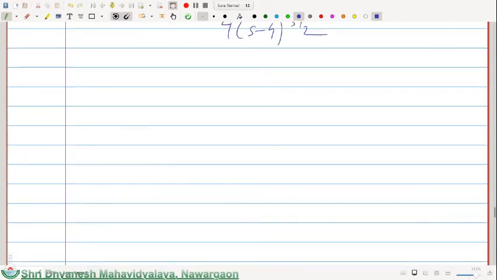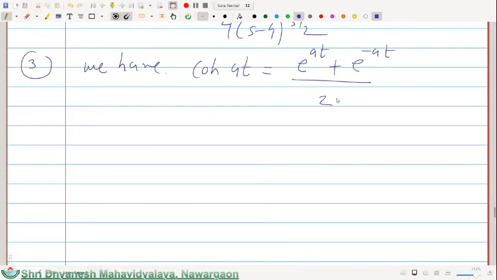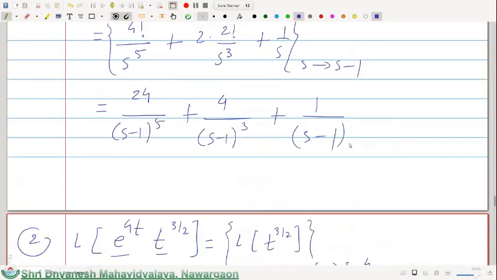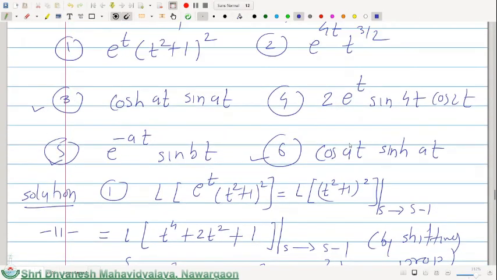We move to the next example, number 3. We have cos hyperbolic at equals e to the power at plus e to the power minus at upon 2. Let me show you that example first. Yes, the third example is cos hyperbolic at into sin at.